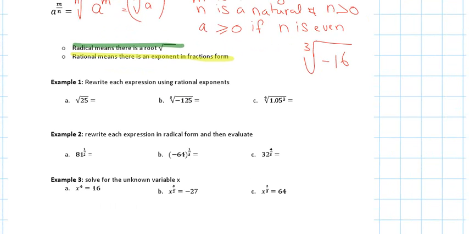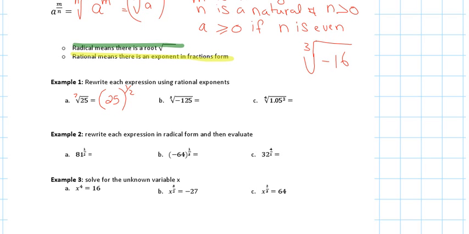What do we call this? Square root. So there is an invisible 2 here. So that will be 25 to the power of 1 over 2. It's not there because that's your base, square root. It's called a square root. So there's an invisible 2 there.